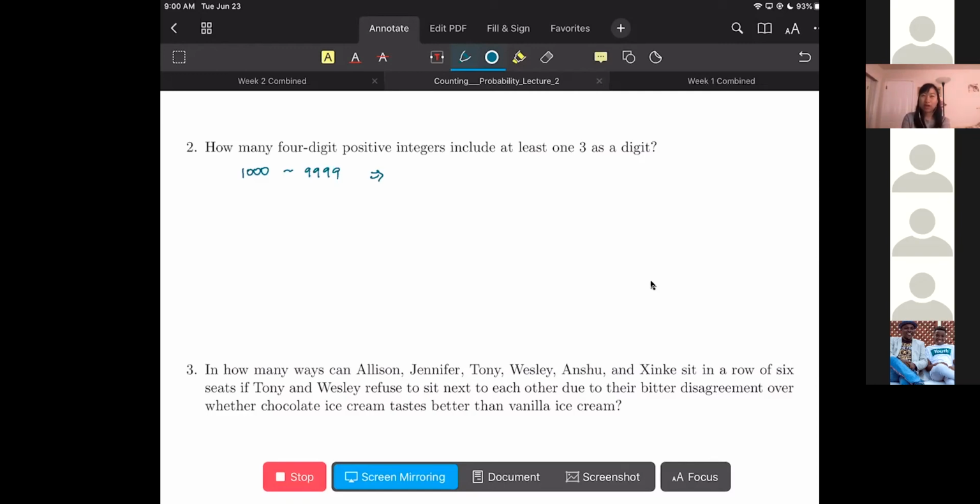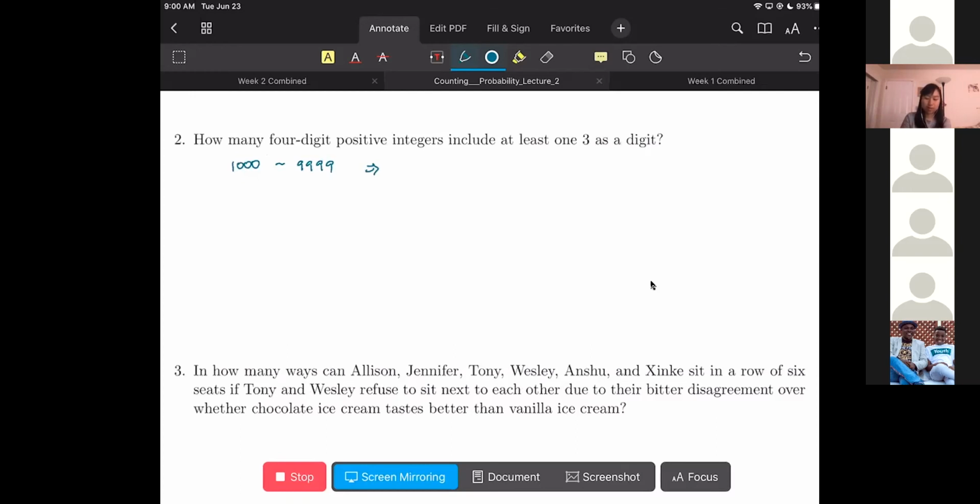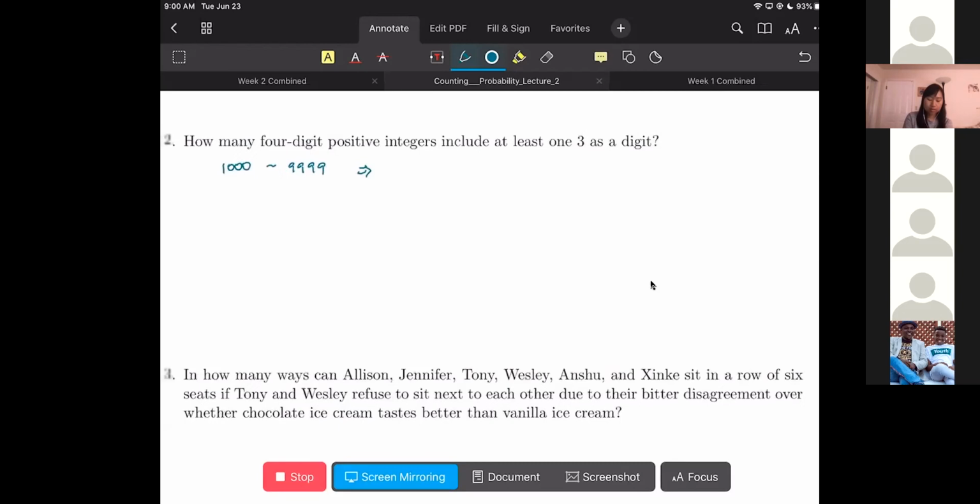Another way that you could count this is you could think about there being 4 digits, and there are 9 possible choices for the first digit, because it could be 1 through 9, and then you have 10 choices for any subsequent digit, because it could be 0 through 9. And so either way, this gives you 9,000 total 4-digit positive integers.